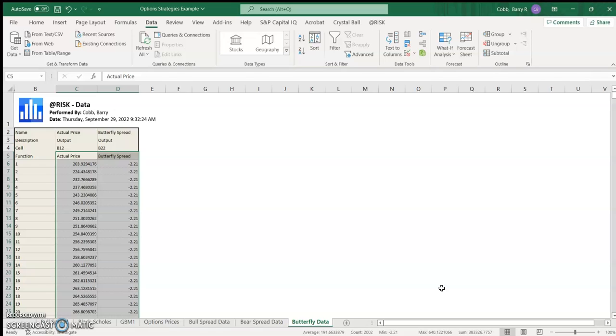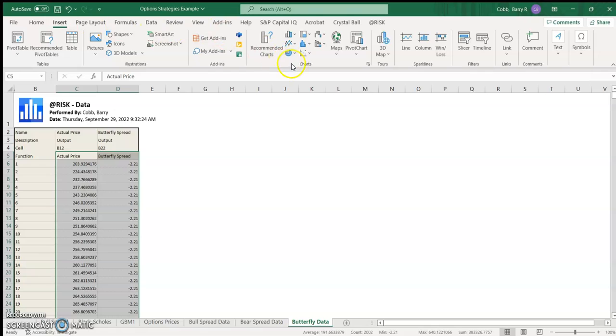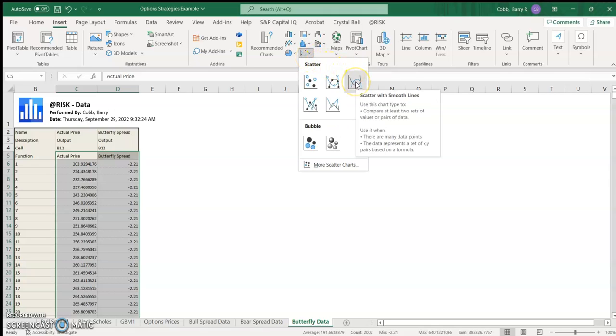Okay. Now, these columns are already highlighted with the headers, so it's very convenient to make an XY scatter plot. Go to Insert, and then over here we have XY scatter plots. And probably the best one would be this one with the smooth lines.